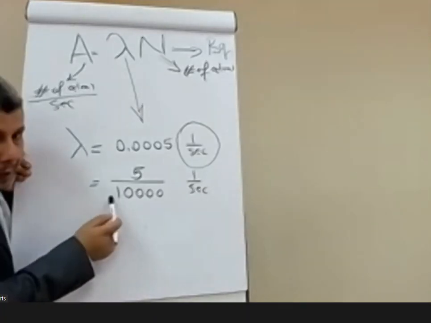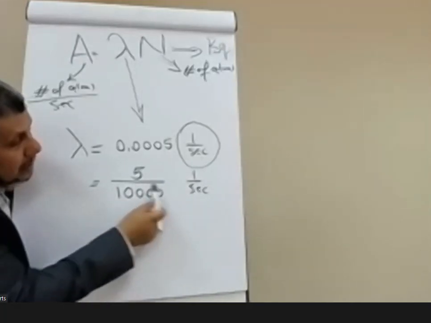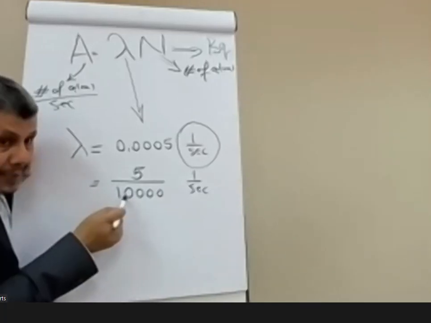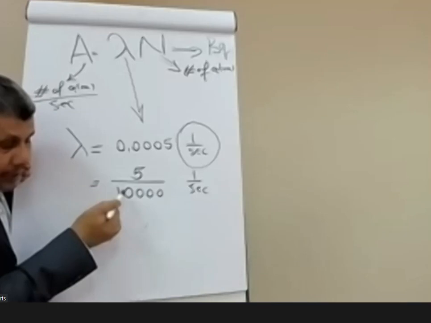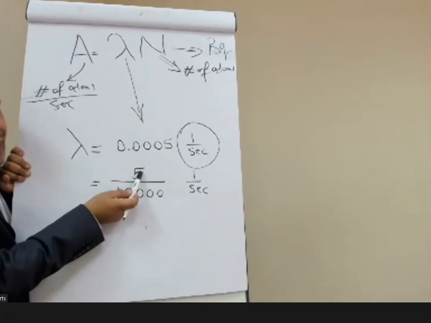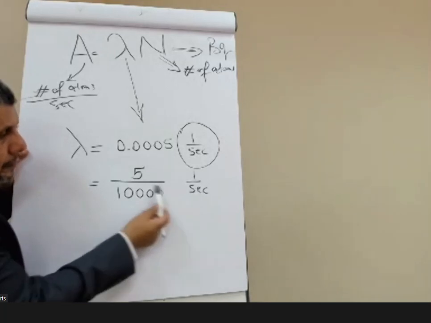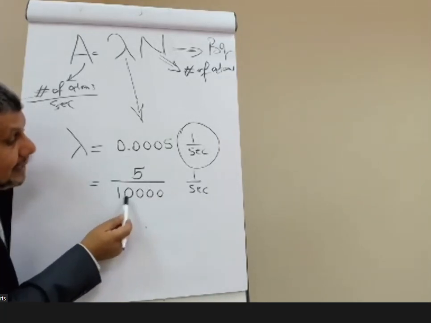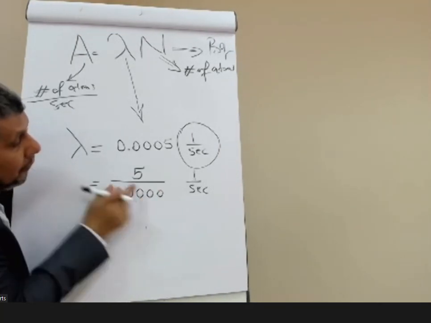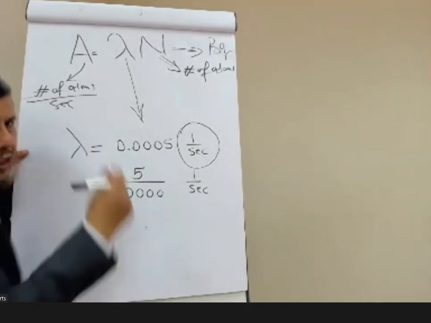Now, the meaning. If you have a sample which has 10,000 atoms, your radioactive source has 10,000 atoms, 5 will decay each second. Again, if your radioactive source contains 10,000 atoms, only 5 of them will decay each second.